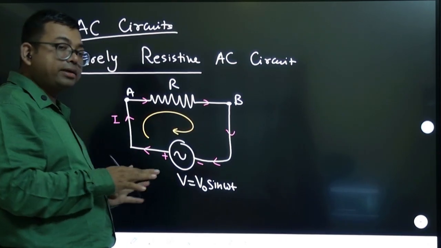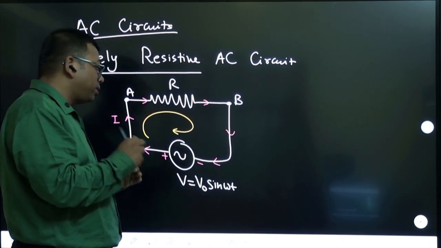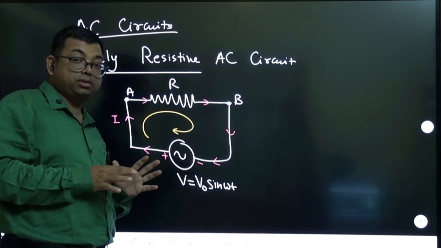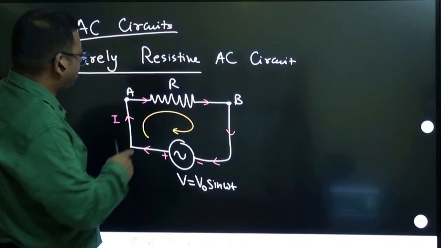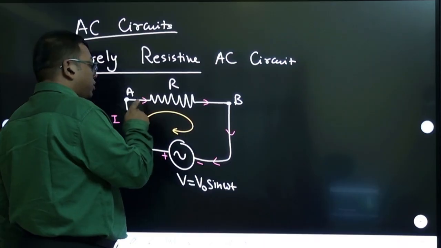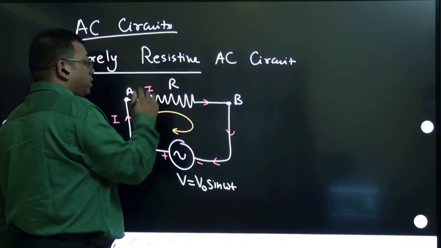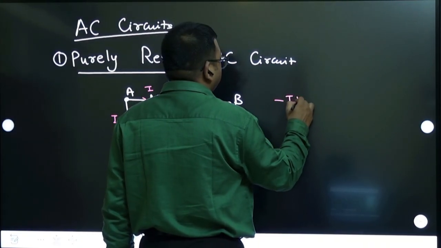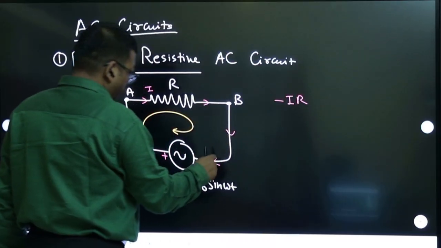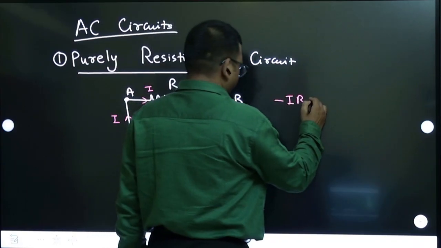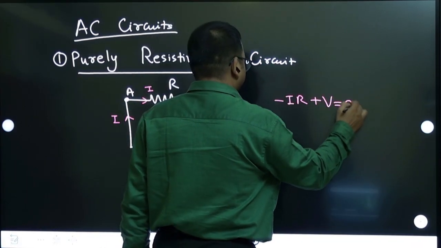We can write directly also, but it's better to learn the approach, because in complex questions that approach only will help us. So let us go in this loop A to B. When you are going in the direction of current, the voltage decreases, so the change of potential will be minus IR. Then you are coming from minus to plus, so this is plus V equal to 0.